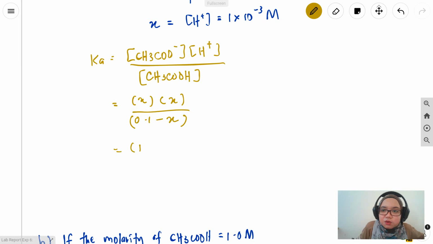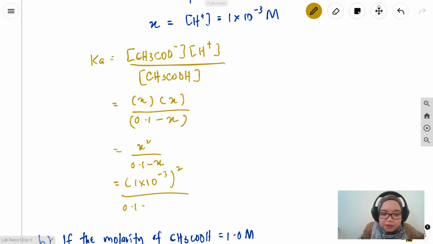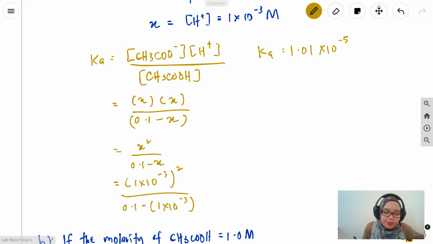So here, kita jadi X squared divided by 0.1 minus X. So, 1 times 10 to the power of negative 3 squared divided by 0.1 minus 1 times 10 to the power of negative 3. Ka is equals to 1.01 times 10 to the power of negative 5. Okay, so this is what you get lah.